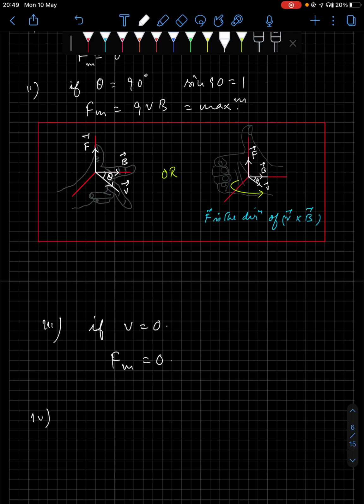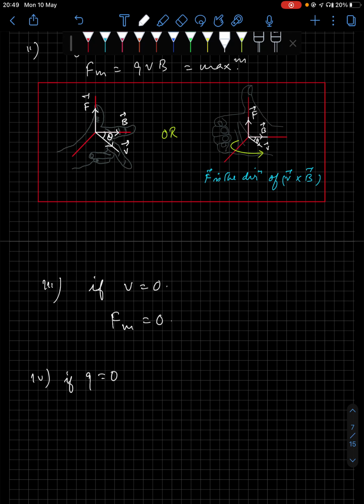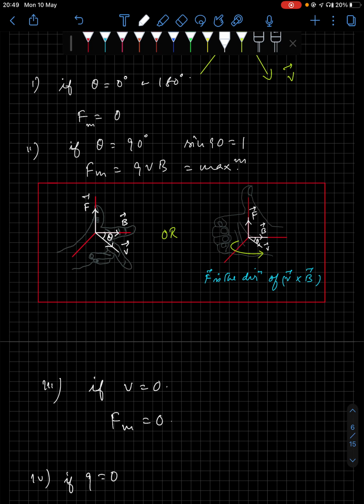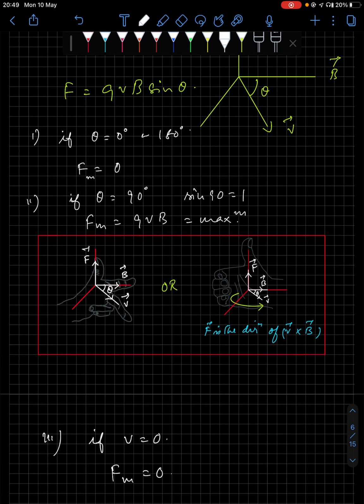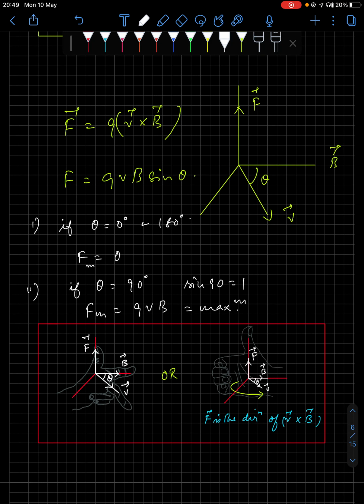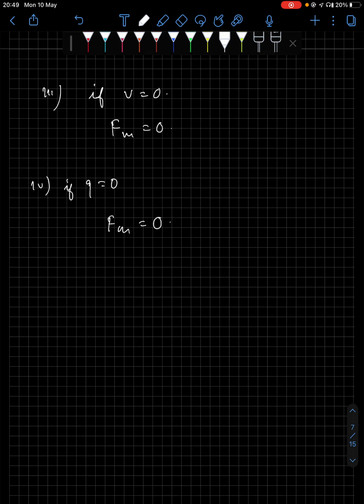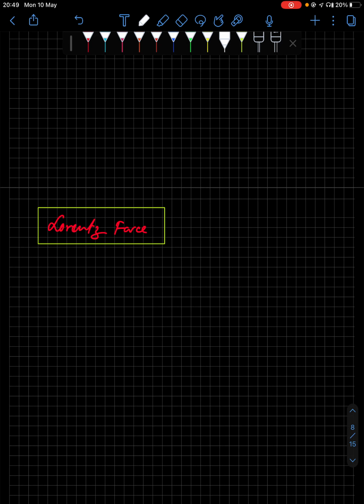And number 4 is if Q equal to 0, that is the particle has no charge, like a neutron. So neutral particle, in that case also Fm will be 0. So no magnetic force acts on a neutral particle. So I hope this topic is clear, and we come to Lorentz force next.